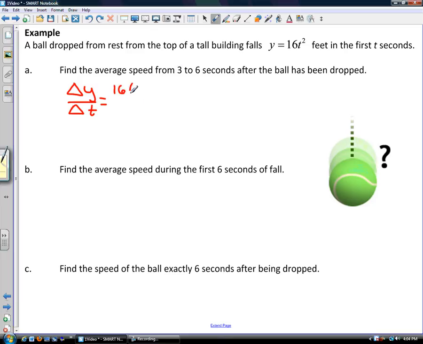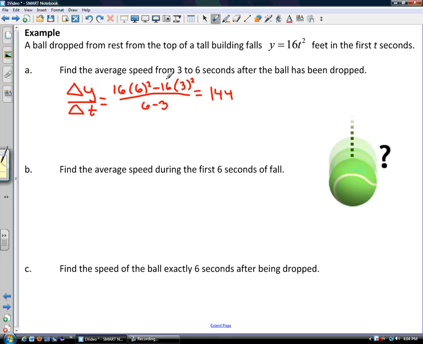My f of 6 is 16 times 6 squared, minus 16 times 3 squared, divided by our change in time, which is 6 minus 3. And instead of writing all of these steps out for you, we get 144 if you evaluate in your calculator.